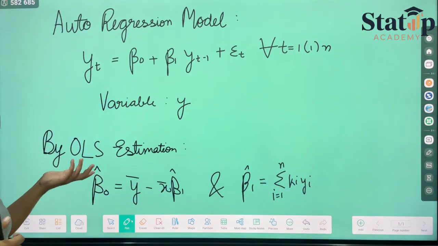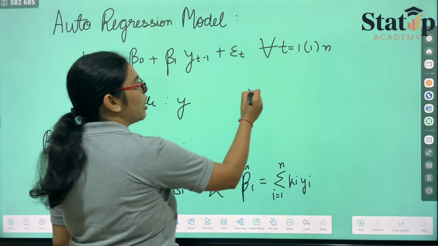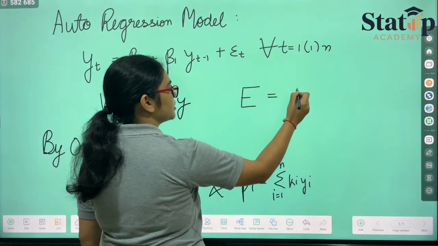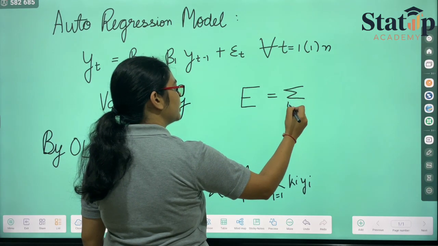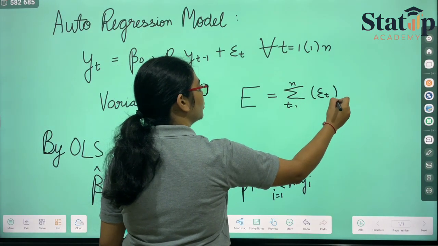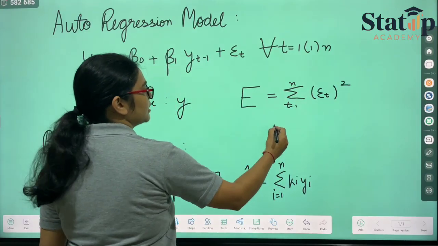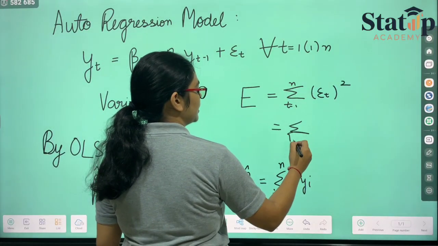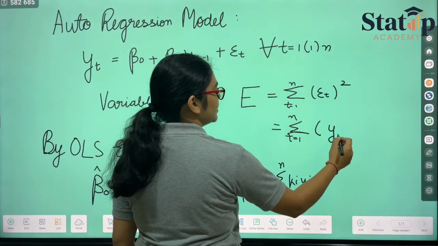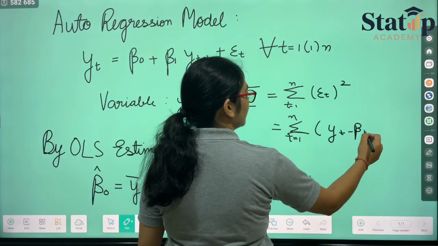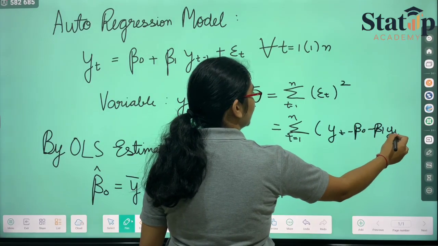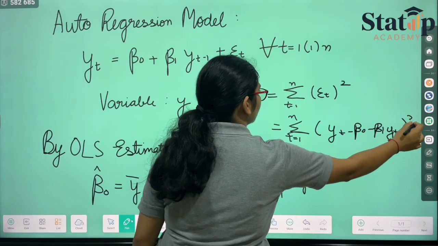So here again in the OLS estimator, how have we calculated this? We have calculated this by taking E, which is nothing but equal to summation t goes from 1 to n epsilon t whole square, and epsilon t is yt minus beta naught minus beta 1 yt minus 1 whole square.